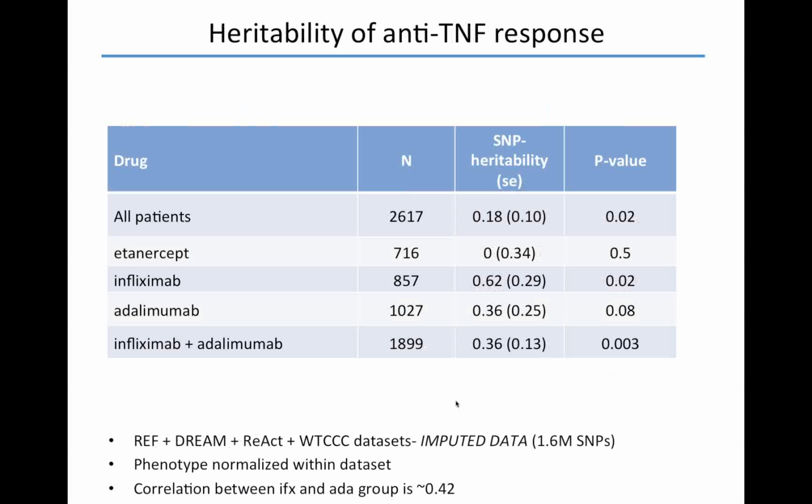And then on the bottom row, combining patients treated by the monoclonal antibodies, infliximab or adalimumab, we found a higher level of SNP heritability, 36% phenotypic variance explained by all the SNPs and a greater significance. So these results really suggested to us that there is genetic signal in the data.